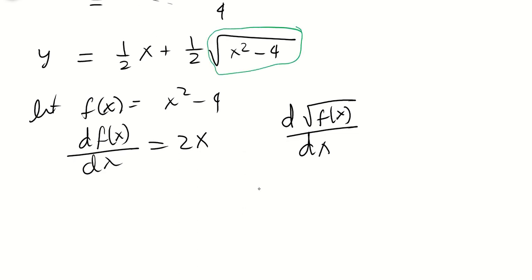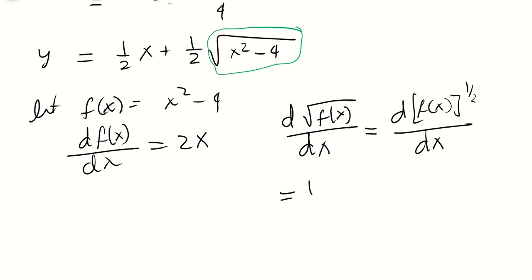We can just disregard 1 half first; we just multiply it later on. So this will be equal to the derivative of f of x raised to 1 half over dx. So we apply chain rule here.